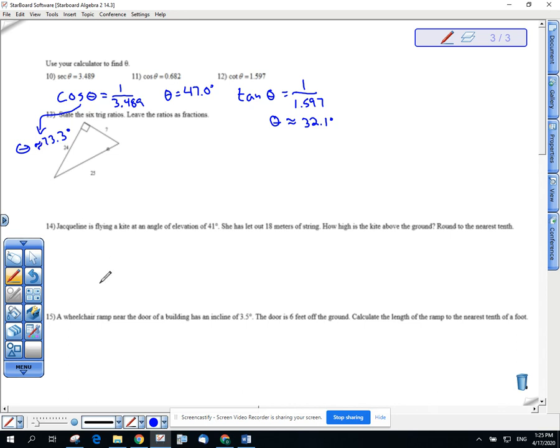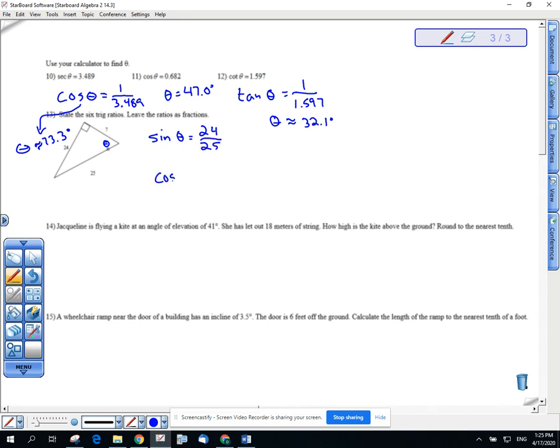Okay? Now, with that in place, this didn't copy over exactly as I wanted it to. The theta for this is supposed to be right here. It's a little bit out of place. We can find all of the trig ratios. The sine of theta would be opposite over hypotenuse. That would be 24/25.